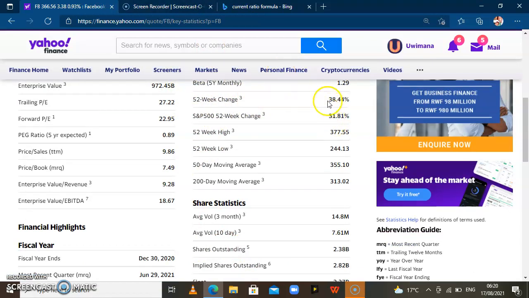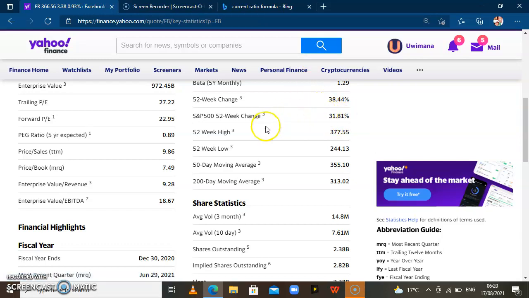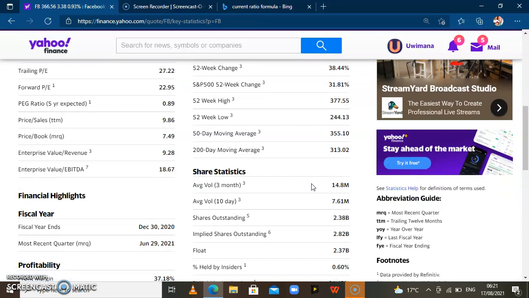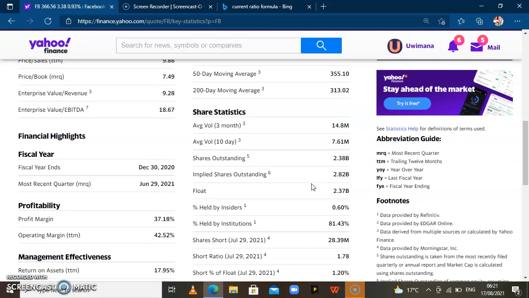It's been going up 33.44%, and the market itself has been going up 31%, which means the stock performed better than the market. The 52-week high was this, the 50-day and 200-day moving averages are these. These are used in technical analysis, not too much of a meaning here.